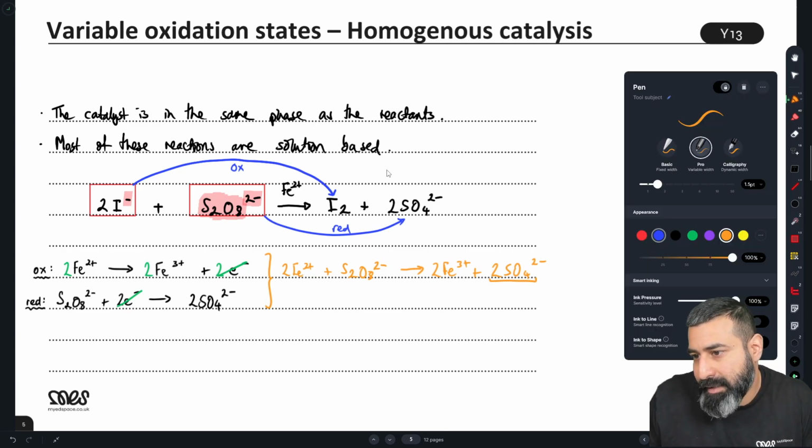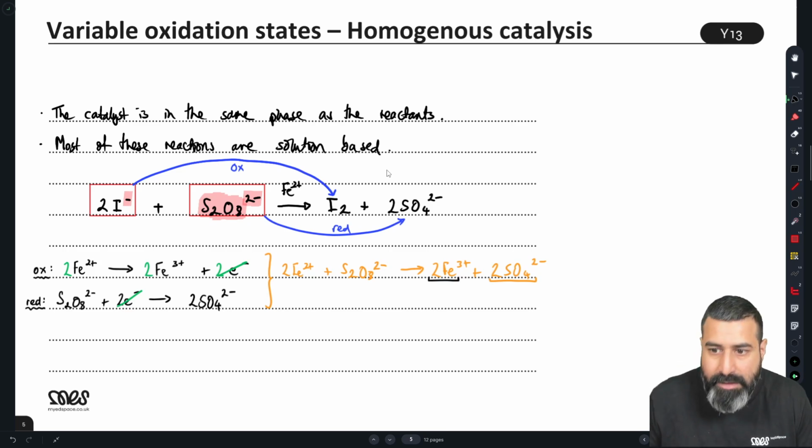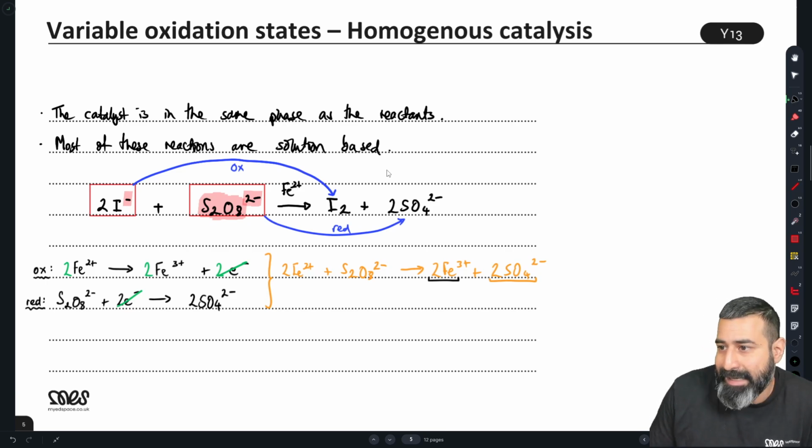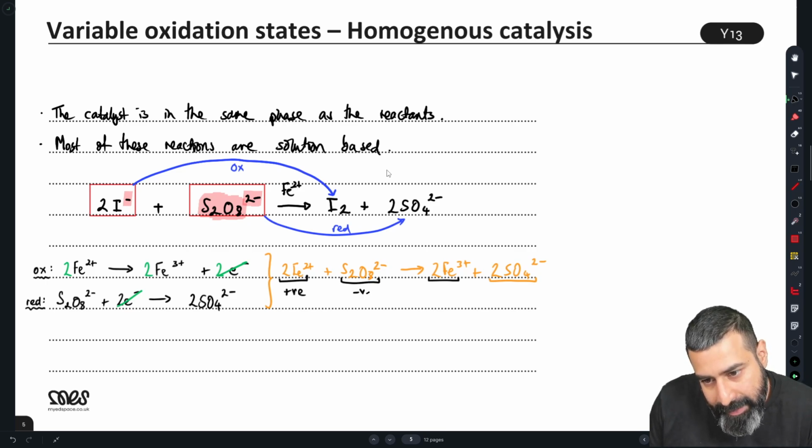But the problem here is now my catalyst is in the Fe3+ state. And remember that catalysts don't get used up overall. They remain unchanged overall. So what we have to do is reform the Fe2+, because that's behaving like the catalyst. It's behaving like a catalyst because now we have a positive species and a negative species.